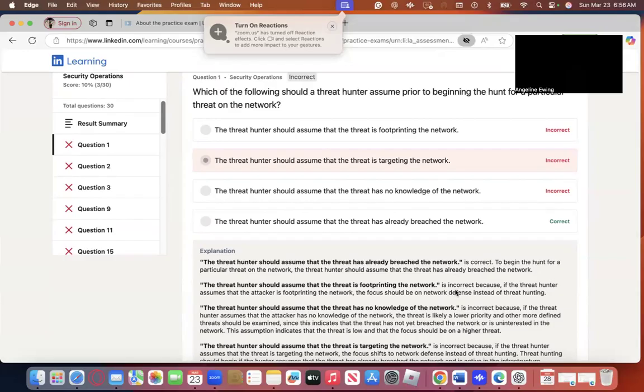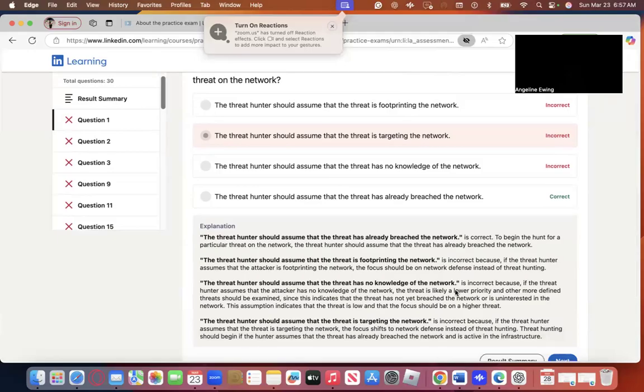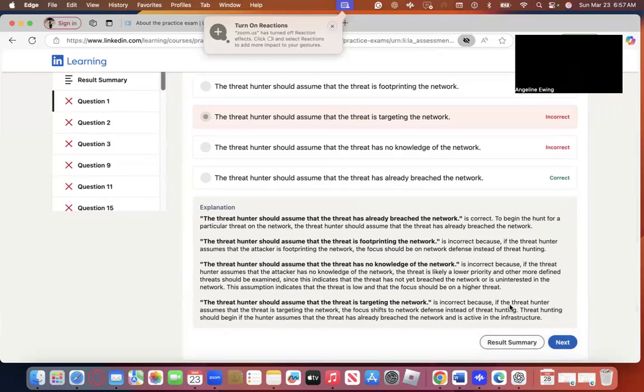Also, if the threat hunter assumes that the attacker has no knowledge of the network, the threat is likely a lower priority, and other more defined threats should be examined, since this indicates that the threat has not yet breached the network or is uninterested in the network. This assumption indicates that the threat is low and that the focus should be on higher threats.